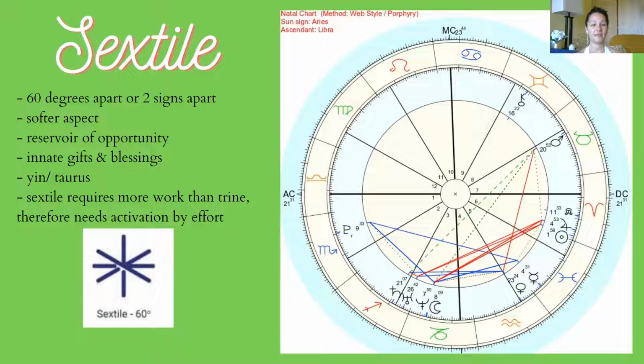And again, like the trine, innate gifts and blessings, and it requires more work than the trine to activate. So it needs activation by effort. So looking at that, like, how can I really massage this part of myself so that it comes out more.